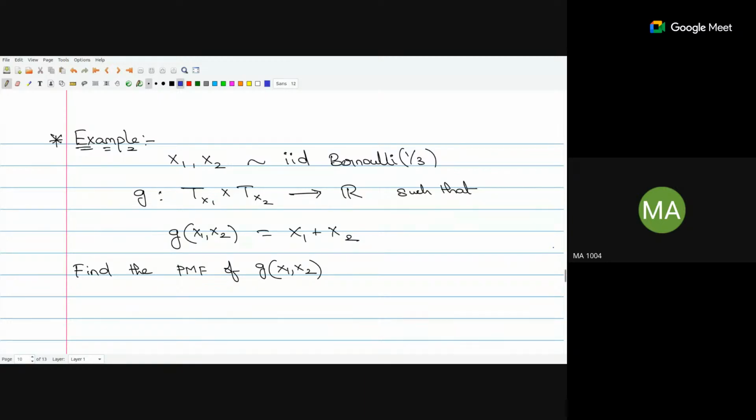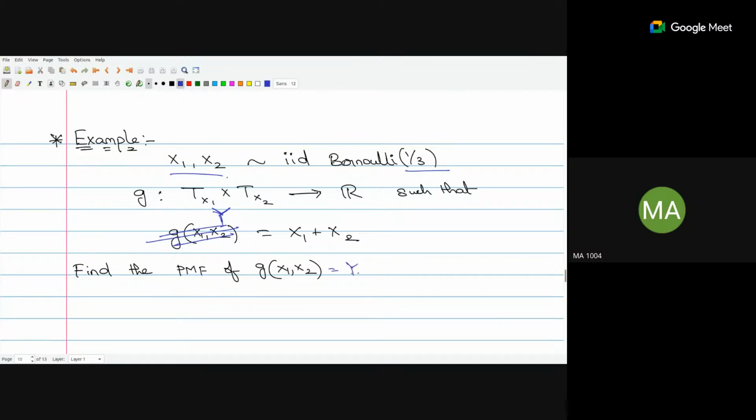So if I have given 2 random variables x1, x2 following IID Bernoulli 1 by 3, and some other random variable y, which is equals to x1 plus x2, what is the PMF of y?